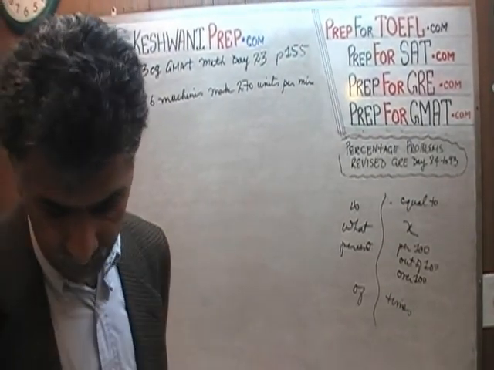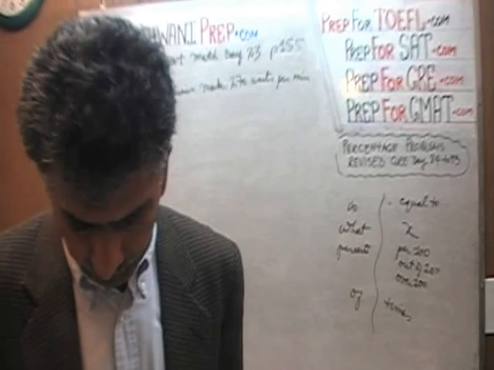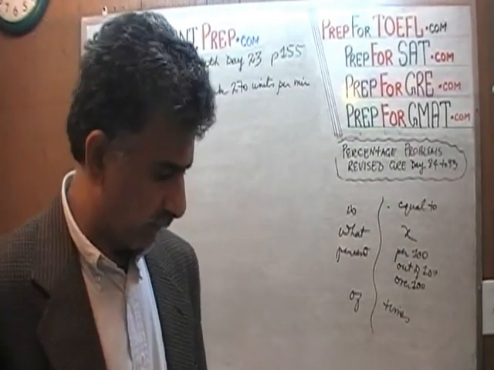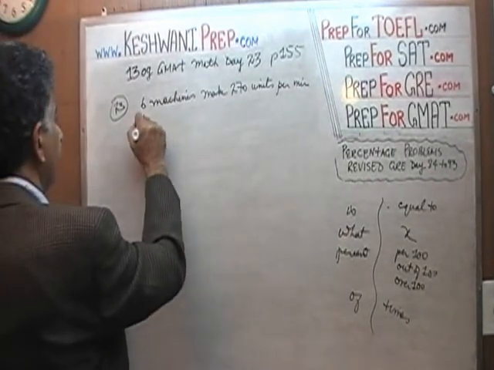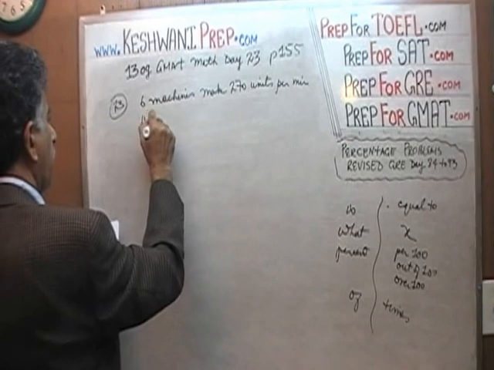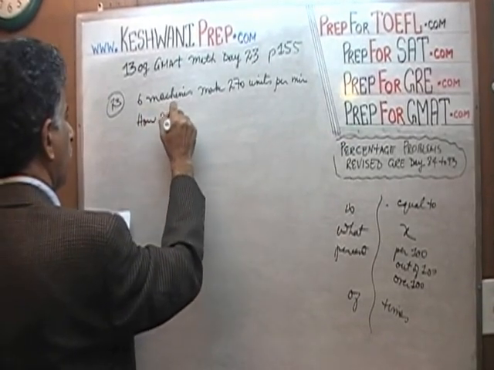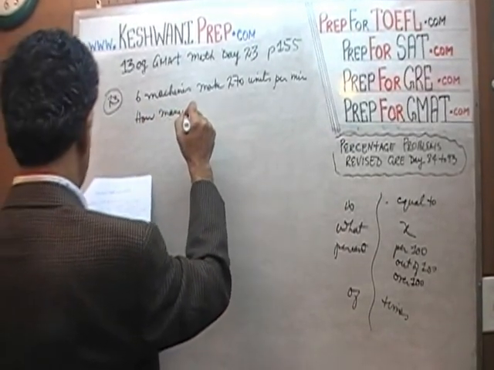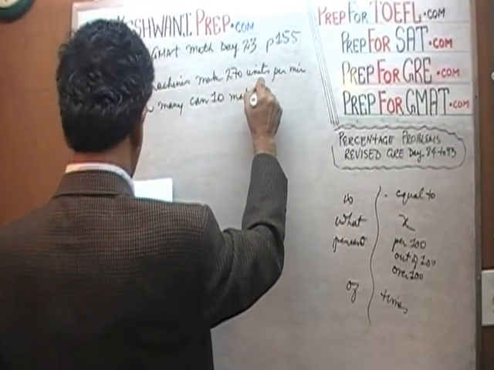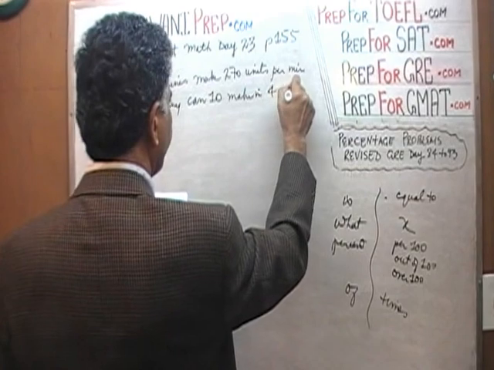So we have 6 machines working together, and altogether 6 of them make 270 units per minute. The question is, how many can 10 make in 4 minutes? That's all it is.